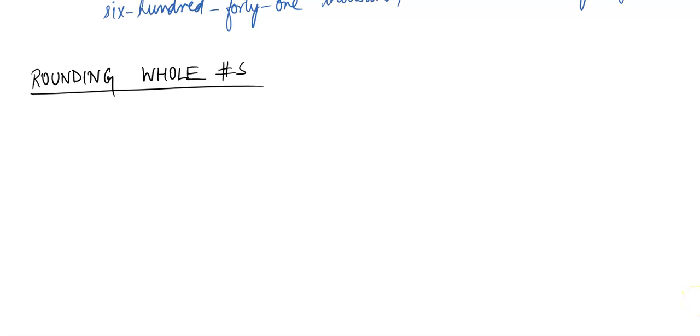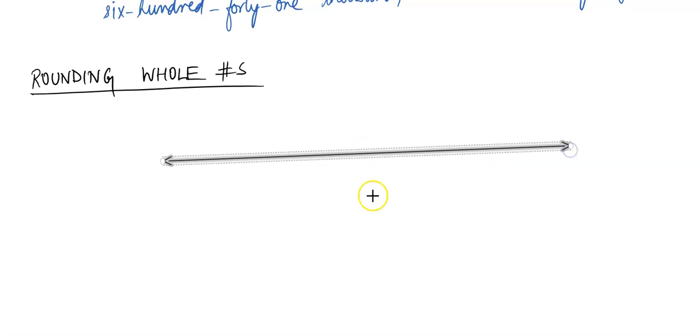If you look at the number line, remember the number line is always helpful to us. Say this is a zoomed version. You're looking at numbers between 70 and 80. 1, 2.